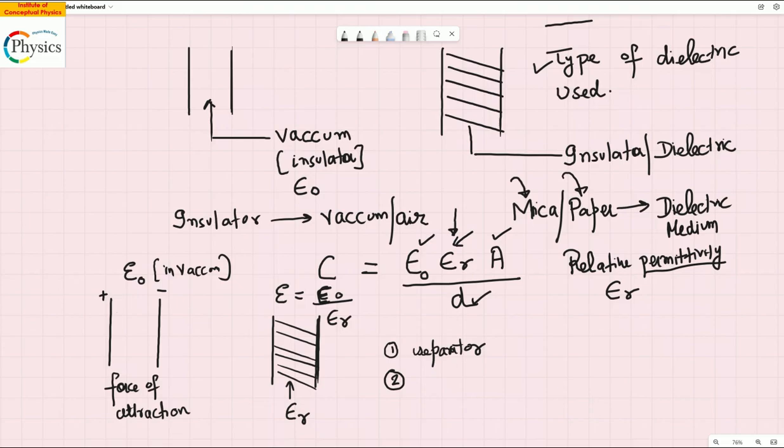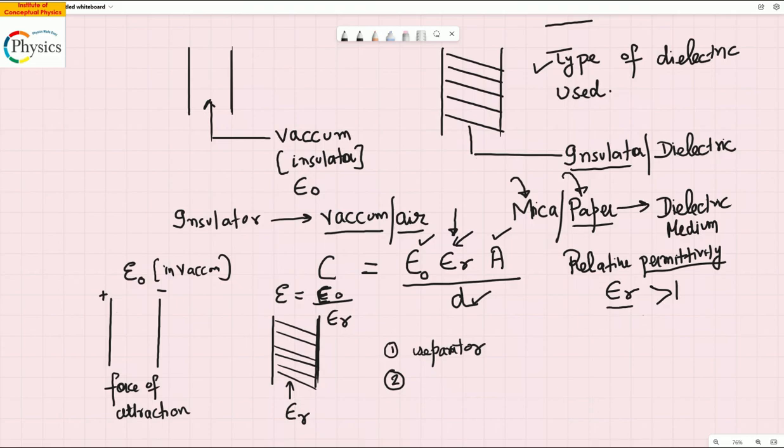So epsilon r, remember, is always greater than 1, because the insulating property for the vacuum is less, and for insulators like mica, paper or oil, it is more than air.